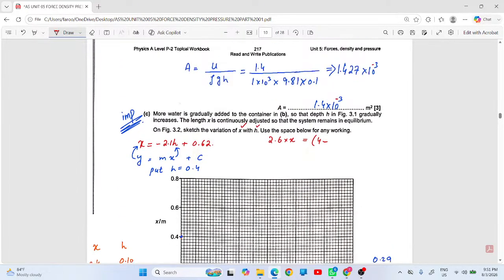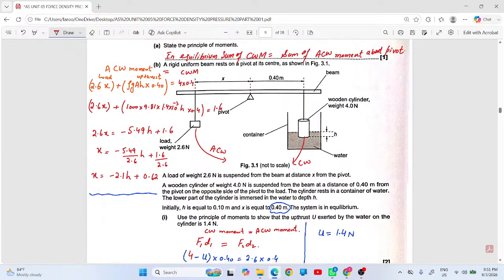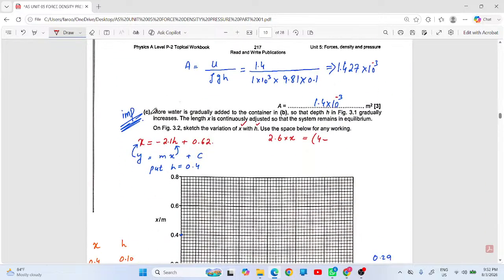अच्छा, सो मैं कहाँ पे इसको सॉल्व किया था, ओ यहाँ पे। ये किया हुआ मैंने 2.6 into x plus... चलें दोबारा करते हैं, मुझे याद नहीं है, minus यहाँ पे हम लिखते हैं 1000, ρ is 1000, g is 9.81 और ρgV, V is the volume, वॉल्यूम होता है एरिया इंटू हाइट। So area is 1.4 × 10 raised to power minus 3 and we didn't know the value of height because we have to make a relation between them.